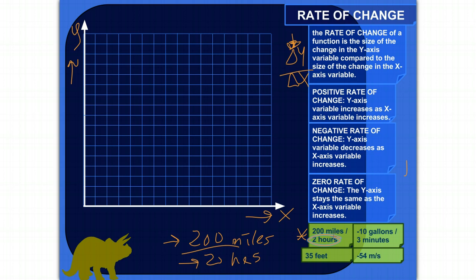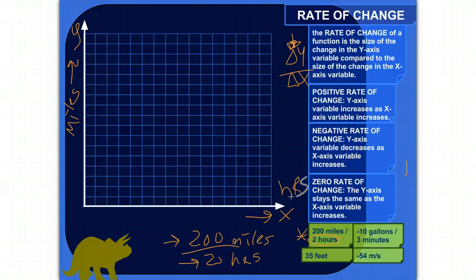So if this rate of change is miles versus hours, the y-axis is where I would plot the miles, and on the x-axis we're measuring hours. So my distance is changing 200 miles for every 2 hours.